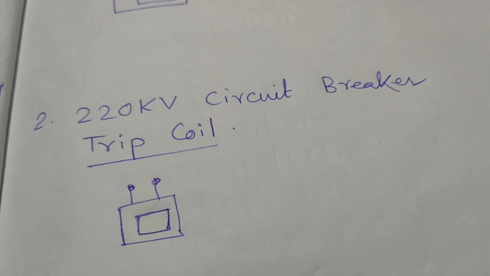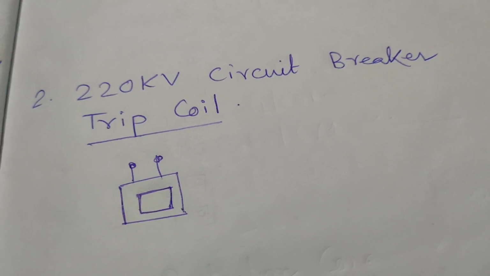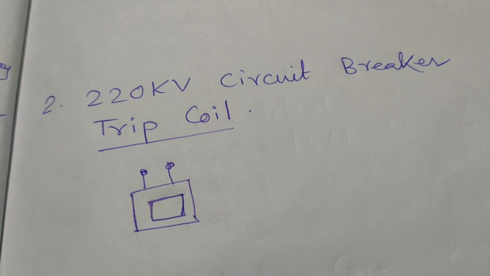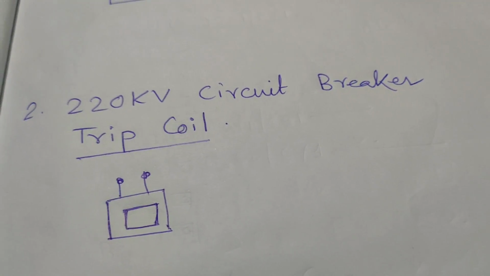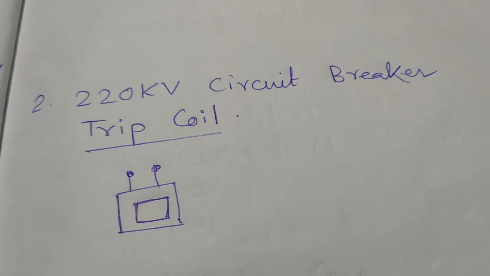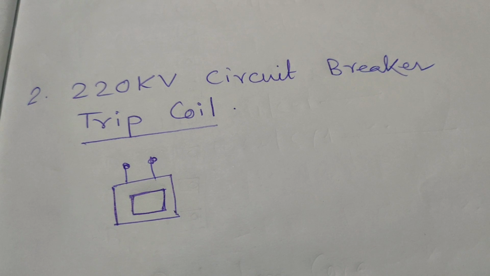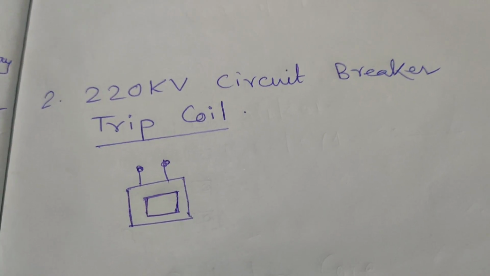So no firing, no flashing signs, or no burning had happened to the trip coil. We had a new trip coil there, and we replaced the trip coil, and the problem was solved. So this is the practical problem we faced today and shared with you, friend.